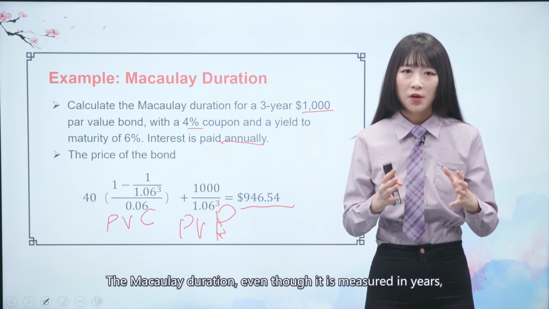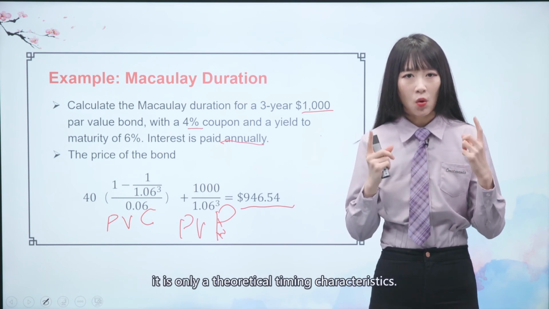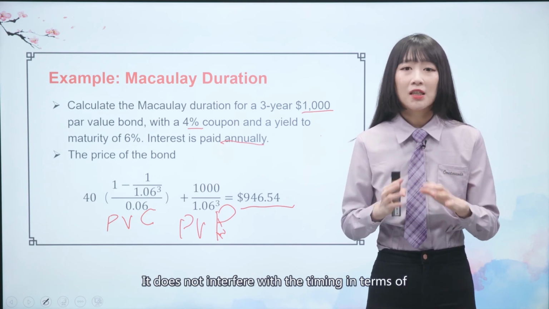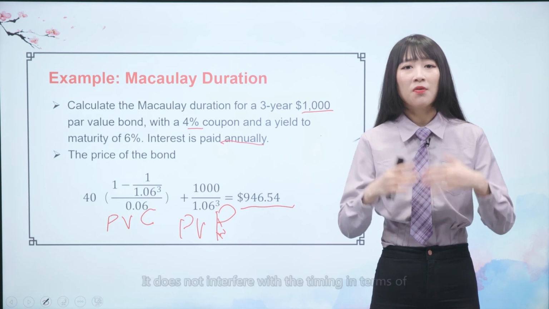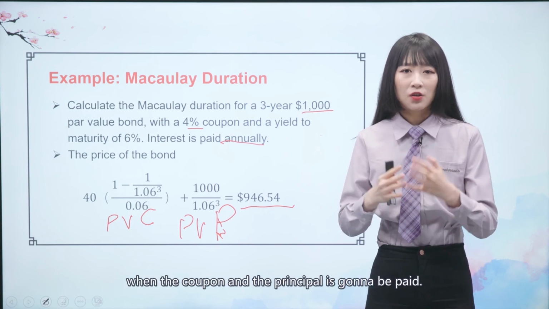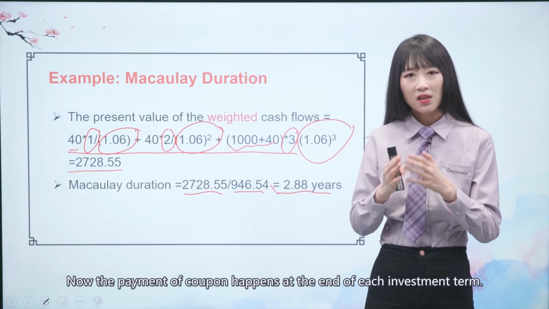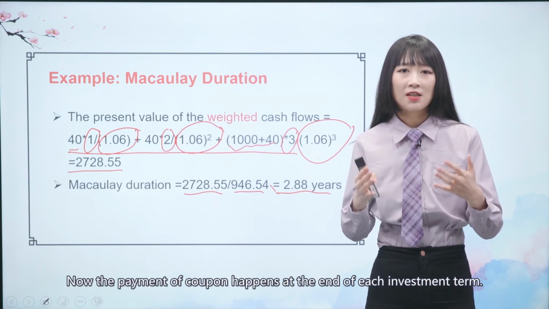The Macaulay duration, even though it is measured in years, is only a theoretical timing characteristic. It does not interfere with the timing of when the coupon and the principal are going to be paid. Now, the payment of coupon happens at the end of each investment term.